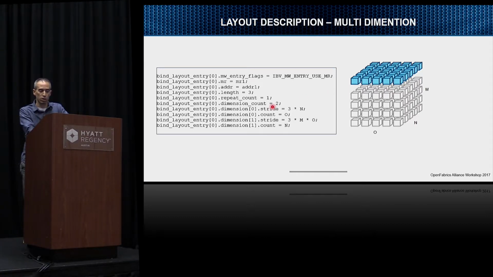That's for the first dimension. The second dimension would be M times O times the size of the object. So this is how we jumped from this object here to the further object over here. And again, we repeat that n times because we have n elements in the z axis of the cube.